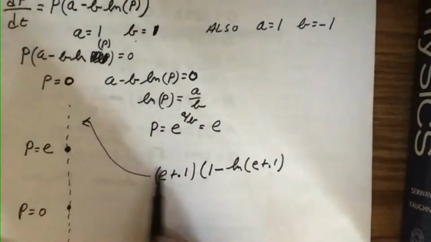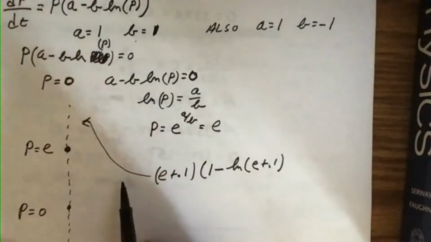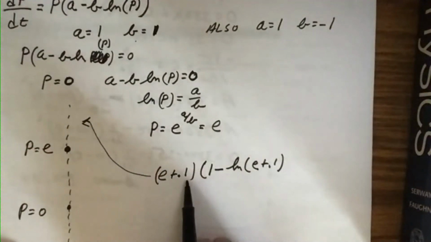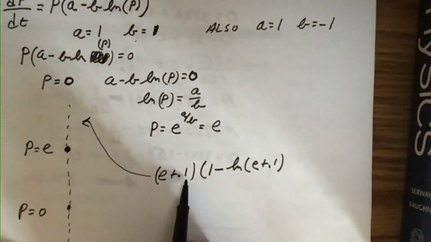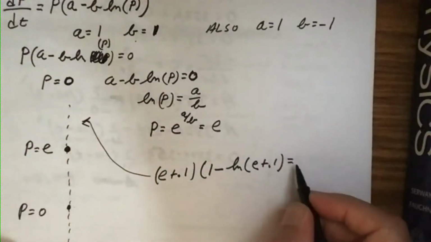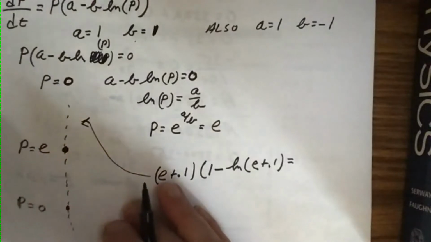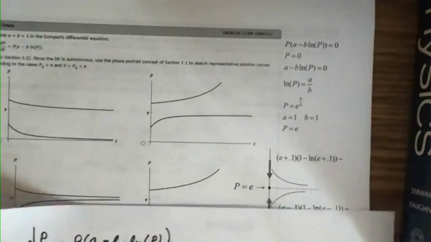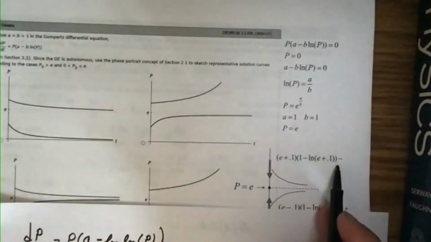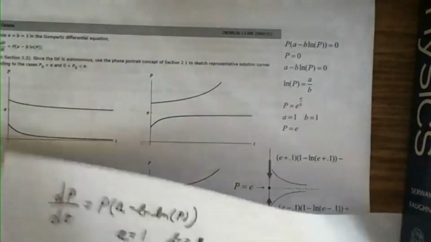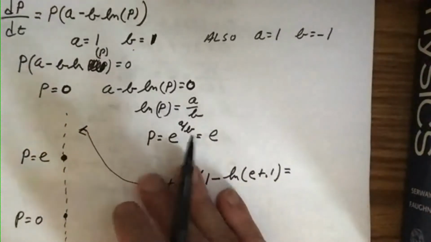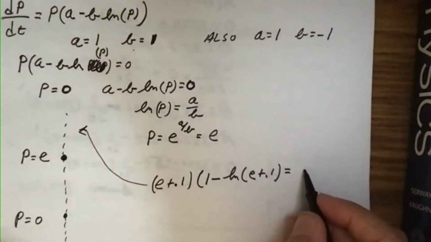I'm plugging in e, my critical point, and looking for a point that's a little bit above e, so I'm taking e plus 0.1. And then I have to determine whether this is negative or positive. I don't have a calculator, so I'm going to look at what the result is. So this turns out to be negative. If you put this into a calculator, it's going to be negative.